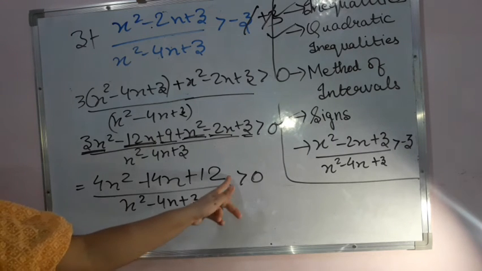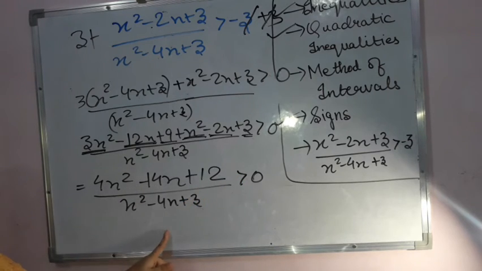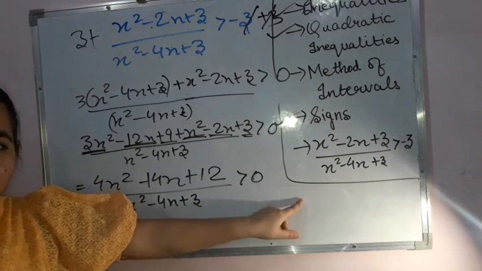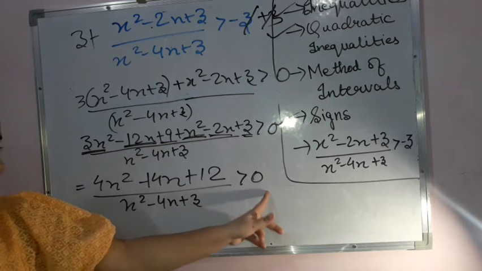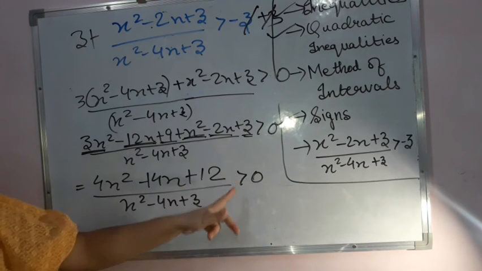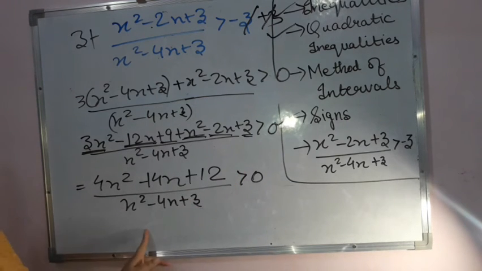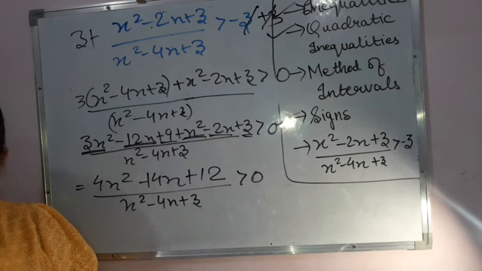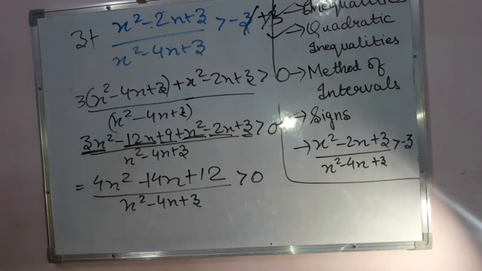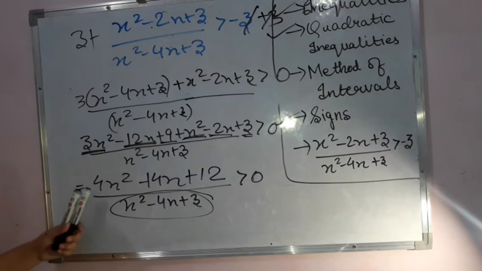Because whatever term comes here, this will get cancelled with this, and 0 multiplied with anything is already 0. That means this side I am going to have 0 only, and from here by multiplying I get rid of my denominator. So that is the next step we are going to follow. That means we will remove this denominator and bring everything in the numerator part only, so that we can find out the range for the inequality that is given to us.